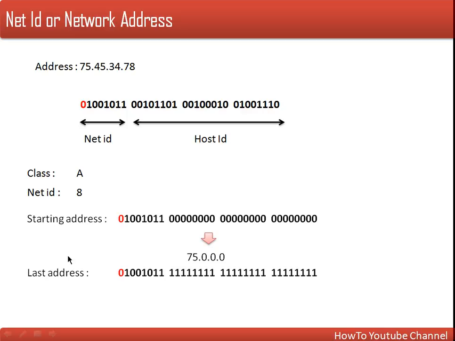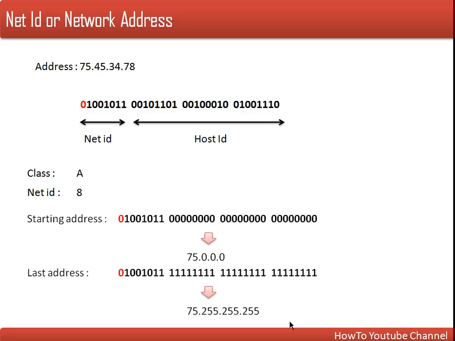And if we want to find out the last address of this network, we will take the network ID as it is and make the remaining bits 1. And this is the decimal format of this one. So for the network to which this address belongs, the first address is this one and the last address is this one.